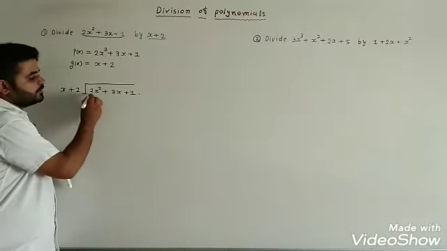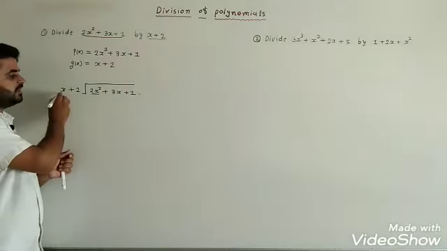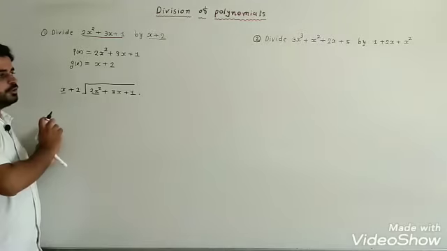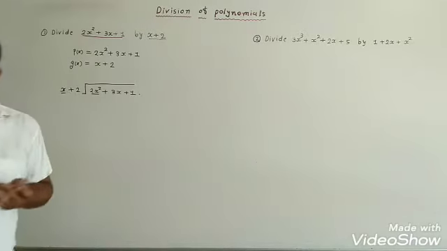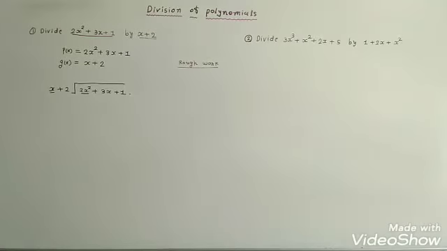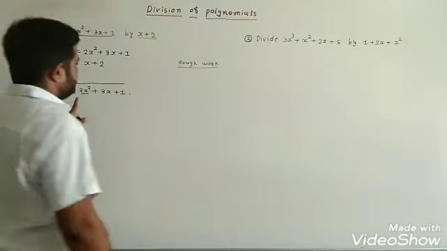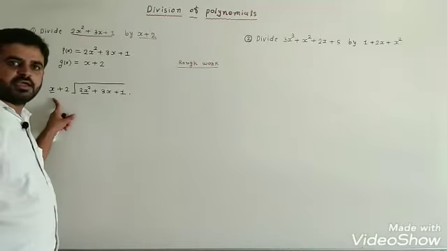First of all, look this term. Here is 2x square and here is only x. Understand? So we need some rough work of this. Okay, now here is 2x square and here is x.